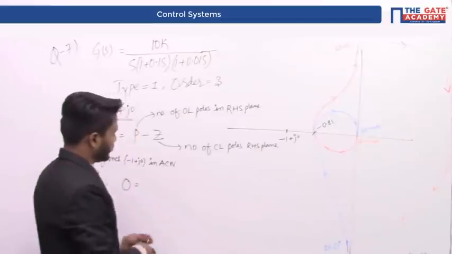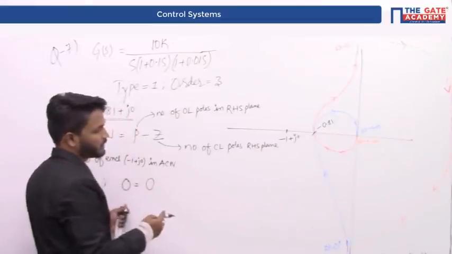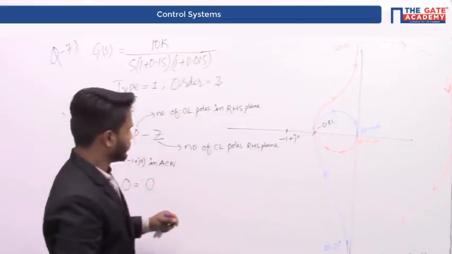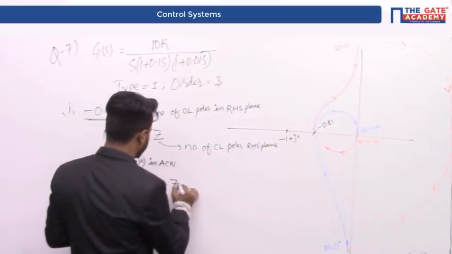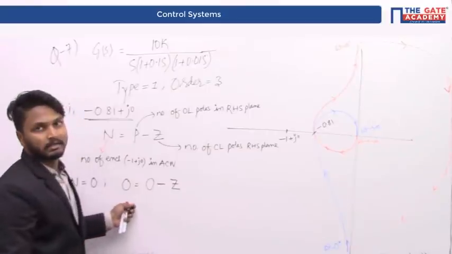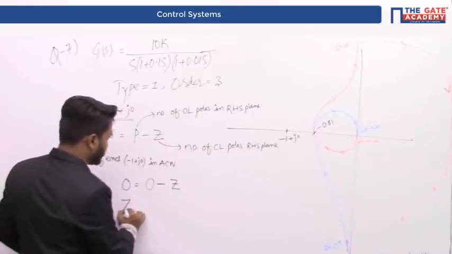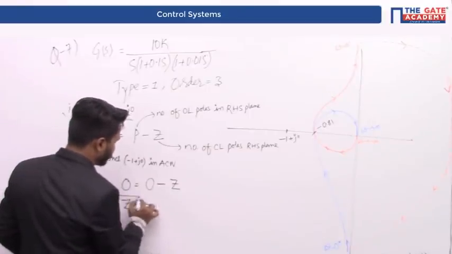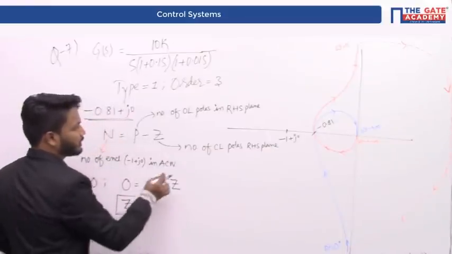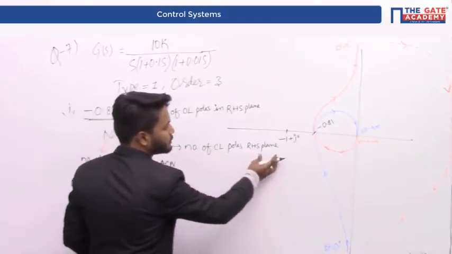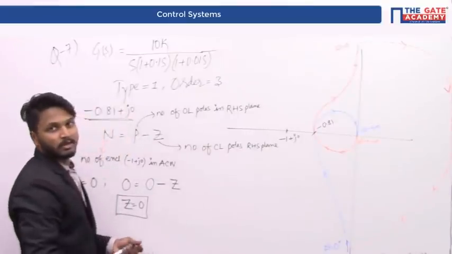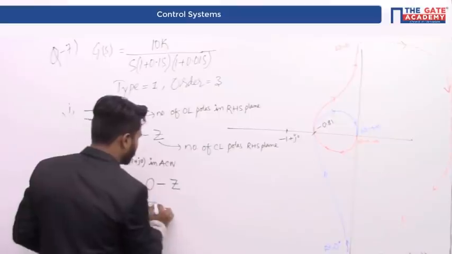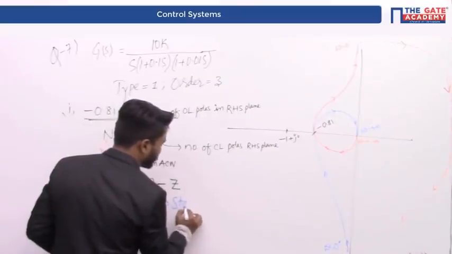Therefore, P is also 0. And N equals P minus Z, therefore Z is equal to how much? 0. Z is 0 means the number of closed loop poles lying in the right half of S plane is 0. Therefore, you can say the system is stable.